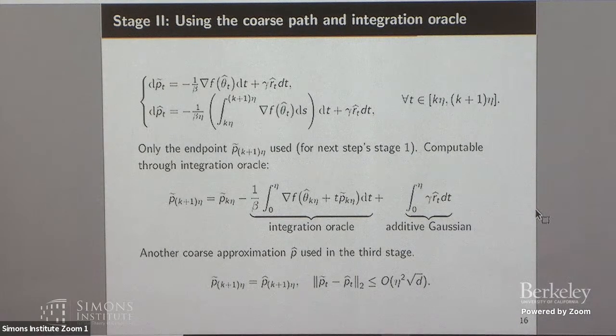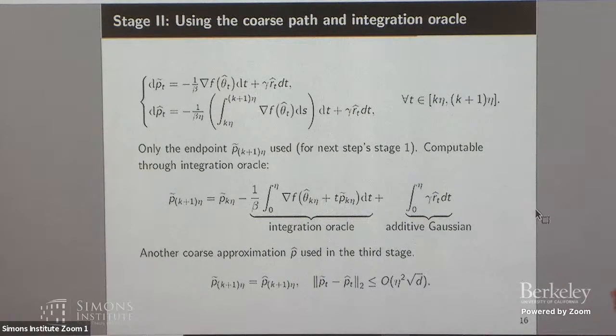So what we do is, conditionally on all the information up to time k eta, you first invoke the integration oracle and compute the integral along a deterministic line segment. Note that this line segment has to be deterministic. We cannot support any integration oracle on a stochastic path.